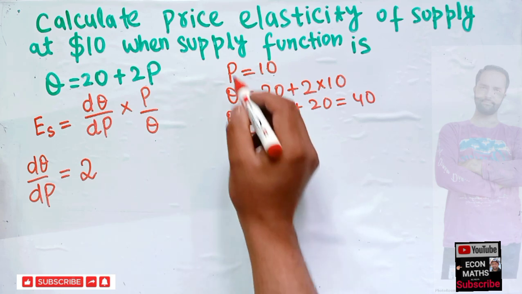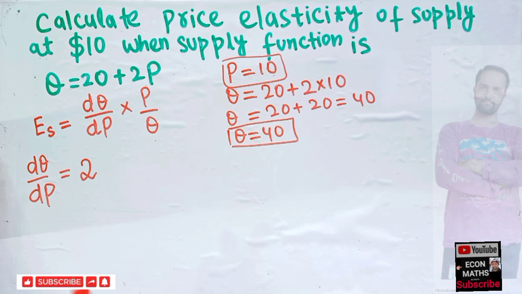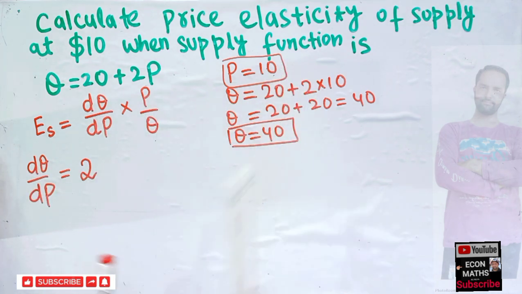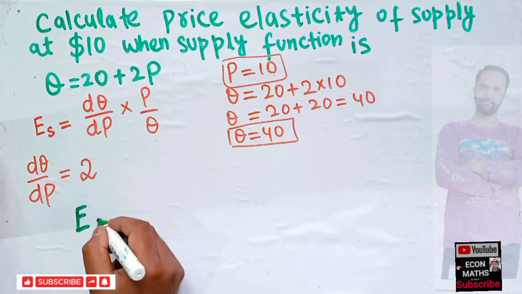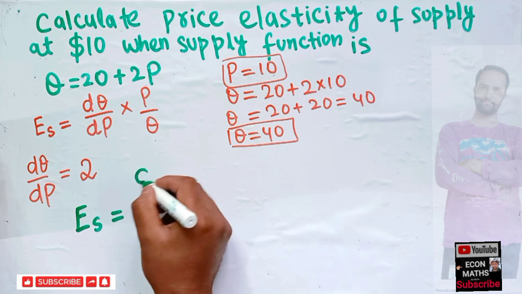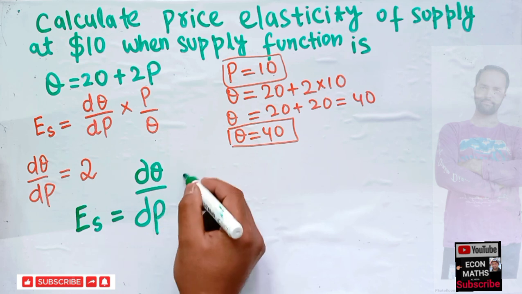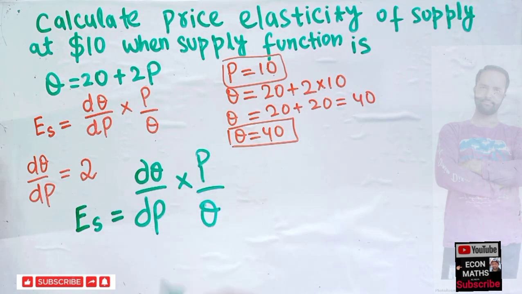So we have all the things to calculate the elasticity of supply. We have dQ/dP as 2, and P and Q are 10 and 40. Then elasticity of supply is equal to dQ/dP into P/Q.